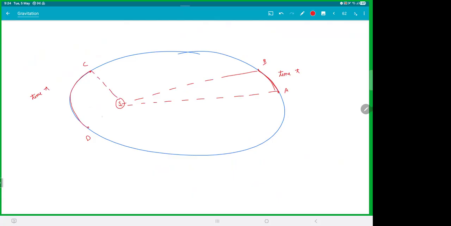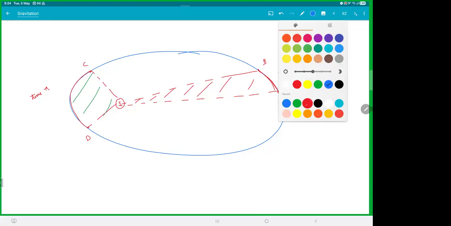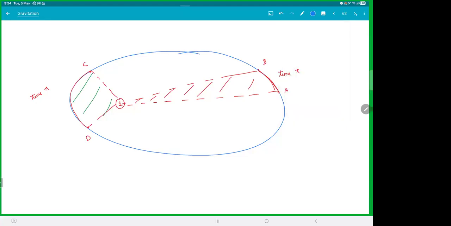And what this says is this area and this area are equal. In equal intervals of time, the planet covers equal areas. So the area SAB is equal to area SCD. For the same time, you get the same area. It doesn't matter where the particle is.